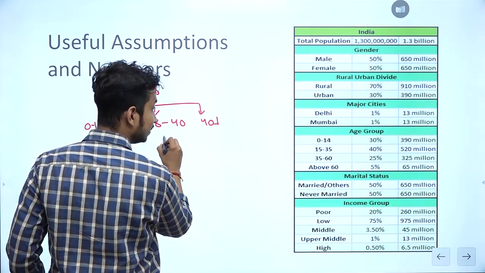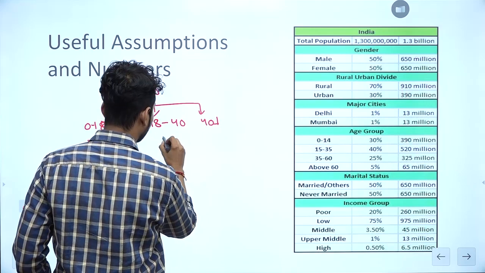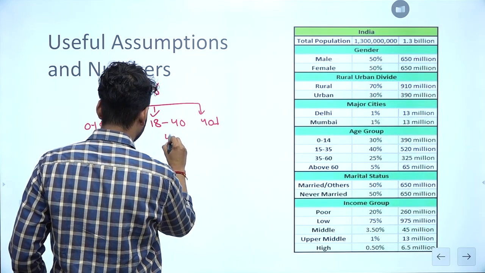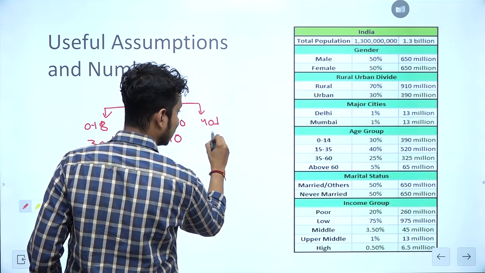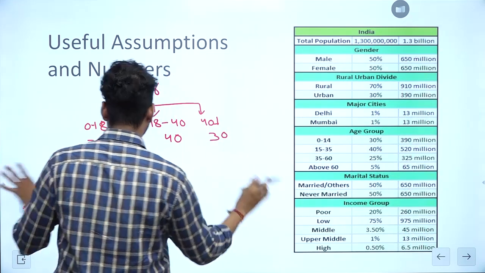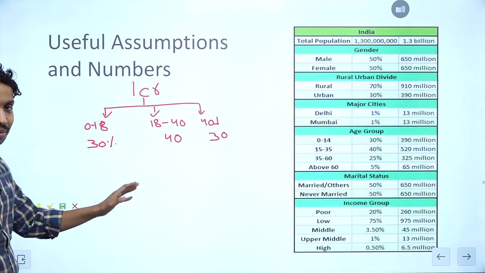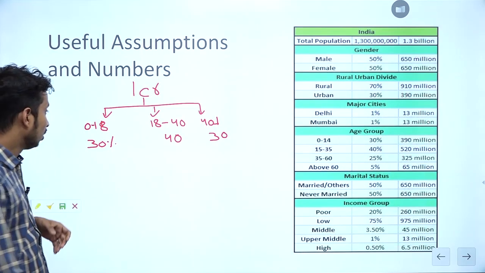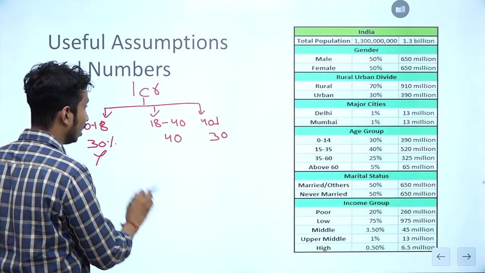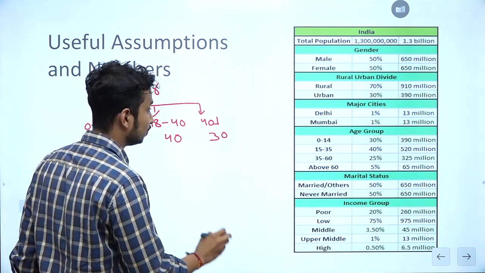Then I can say 40, and you can say 30. I'm just making a rough assumption, for easier calculation. This can be done. Now we have excluded no cigarette. Now we have to take the factor of income.